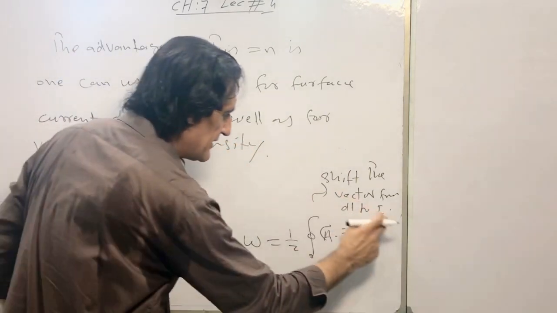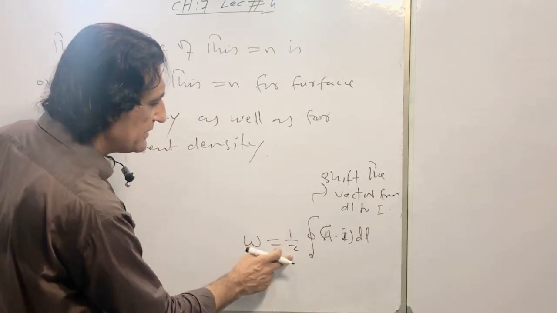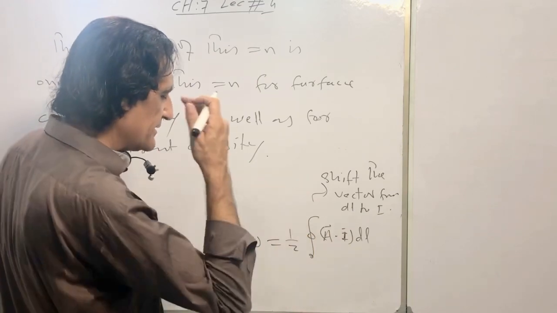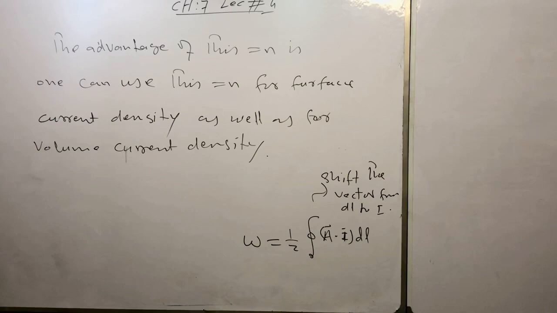It means that we have calculated this equation and it has some advantages. We can use this equation for a surface current density as well as for a volume current density.